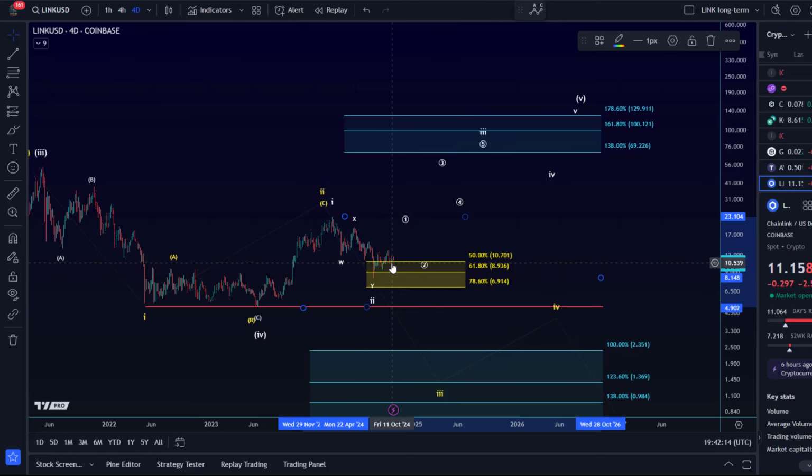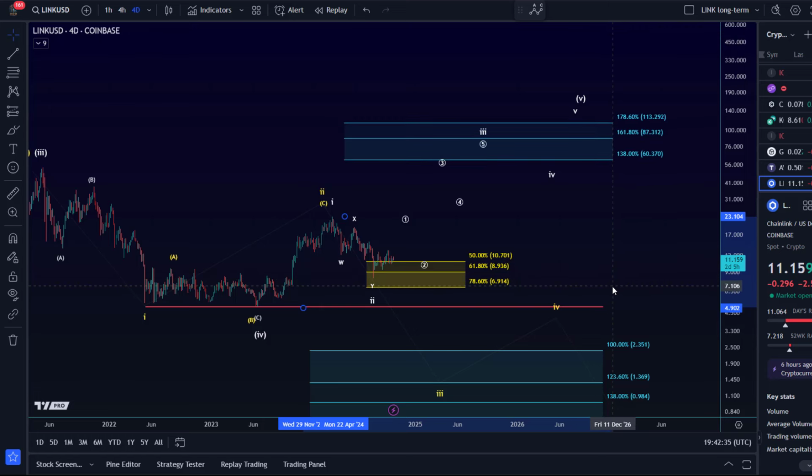The problem is if Link forms another low and dips to maybe 690, which is still possible even in the bullish case, because the support area hasn't been maxed out, so there is still space. Then we have to adjust this projection area. It's not me doing it, we just have to adjust the fibs down.